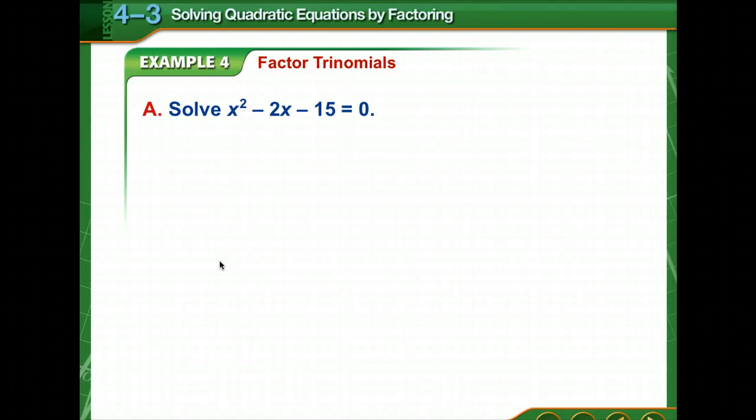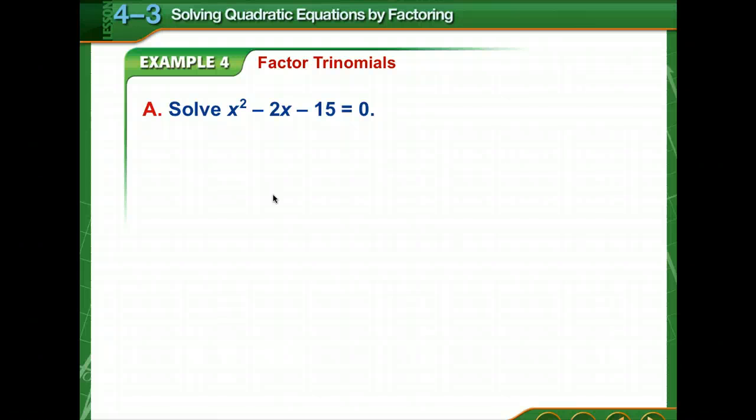Okay, factor trinomials. A special pattern is used when factoring trinomials in the form of ax squared plus bx plus c. First, we're going to multiply the values of AC. Oh, AC method. Does that sound familiar? Very good. Then we're going to find values m and p such that their product equals AC and their sum equals b.